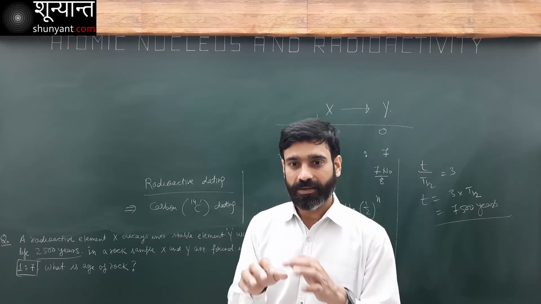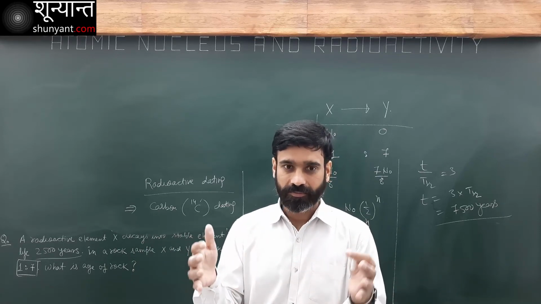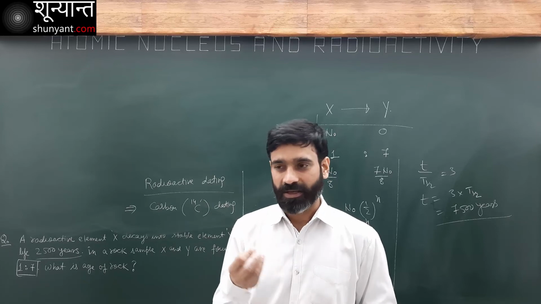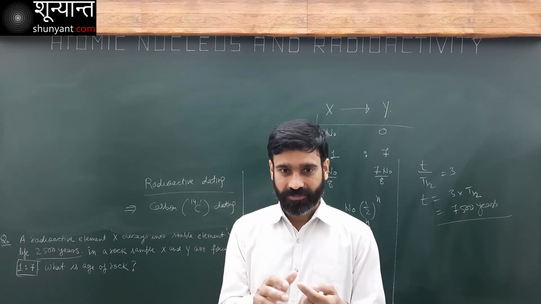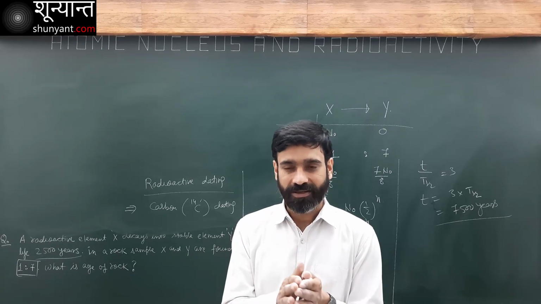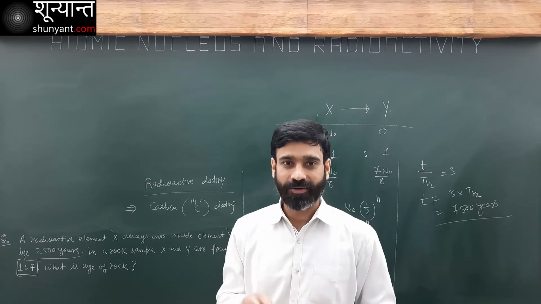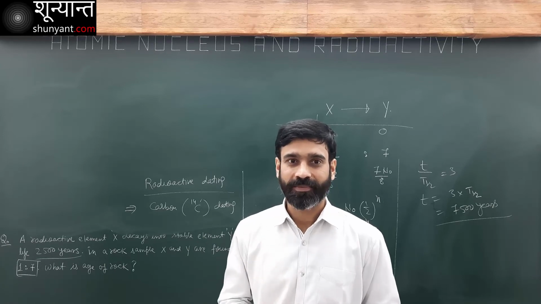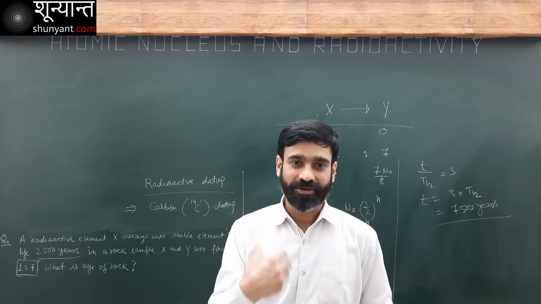In any given sample, the isotopes are present in some ratio. When I am taking in food, that food has carbon. Now in carbon, there is a certain fraction of C12, a certain C13, a certain C14, and that is fixed. We already know the average distribution of C14 in the food we take and the air we breathe. So that gets absorbed in our body.